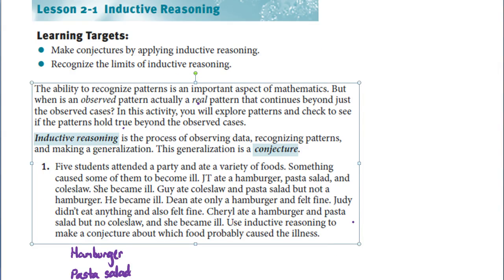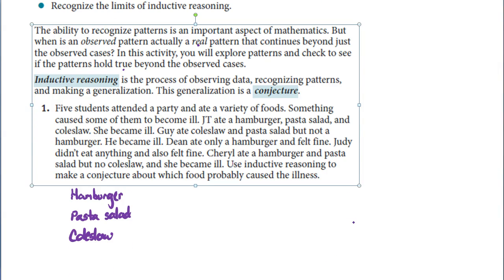Question 1. 5 students attended a party and ate a variety of foods. Something caused some of them to become ill. JT ate a hamburger, pasta salad, and coleslaw, and she became ill. From that sentence, I know that the food that causes the students to become ill has to be either the hamburger, pasta salad, or the coleslaw.